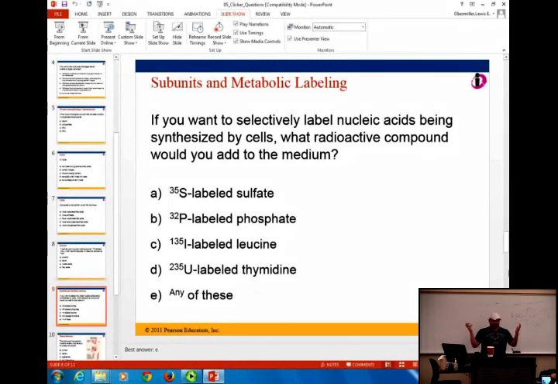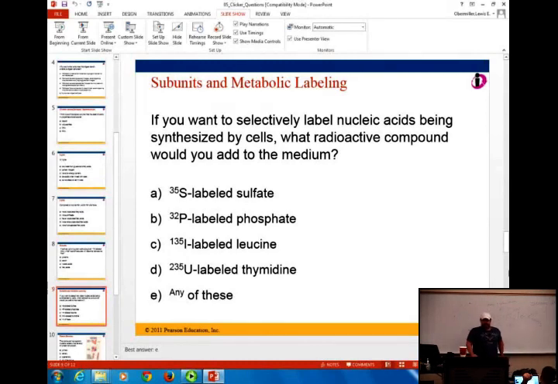I might ask this, right? So remember we talked about what the difference is between DNA and proteins. So if you want to label nucleic acids, what kind of radioactive molecule would you use? It's phosphates, right? Because all DNA has phosphate functional group backbones.